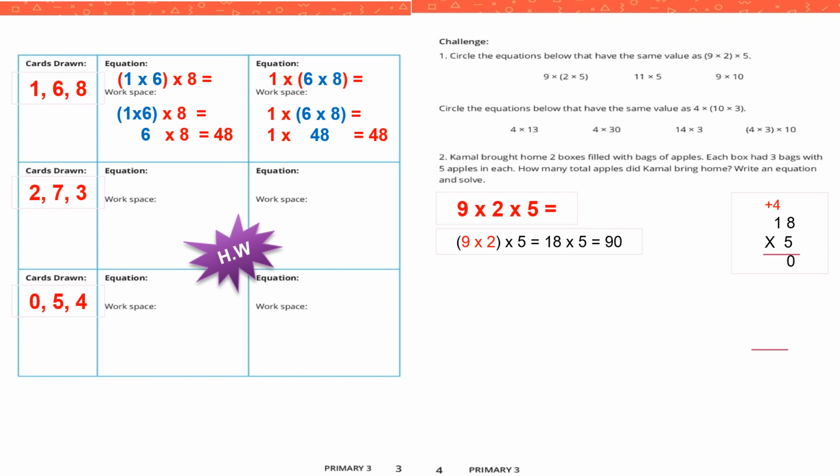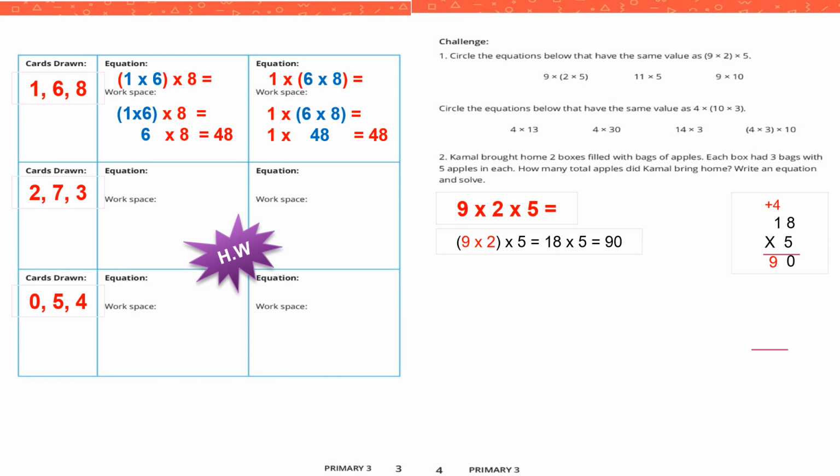No, we will write 0 and carry 4. Then we will multiply 5 times 1, 5. 5 plus 4, 9. Remember here we multiplied 5 times 1 first. Then we added 4. So don't add 4 first.